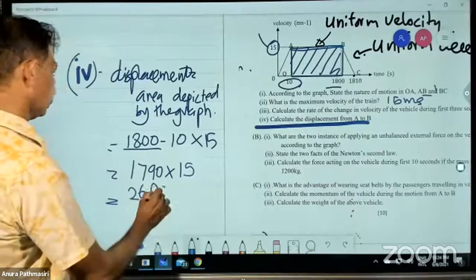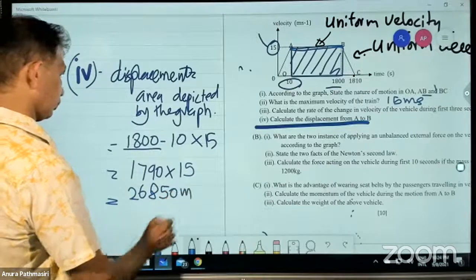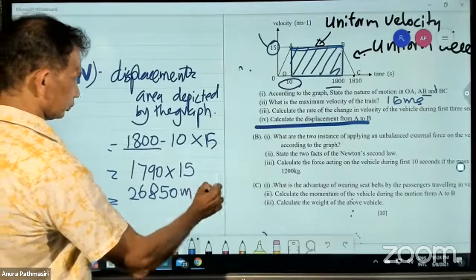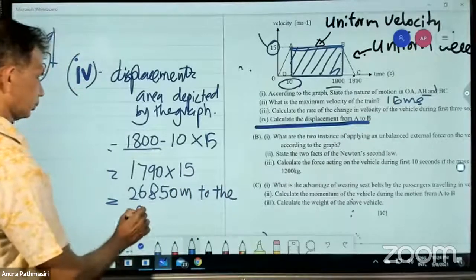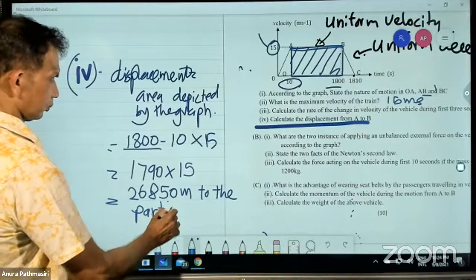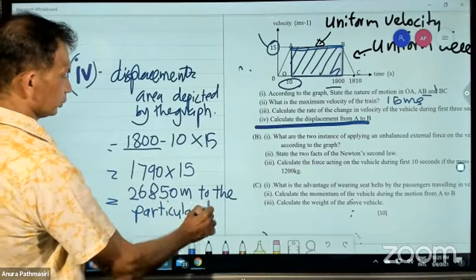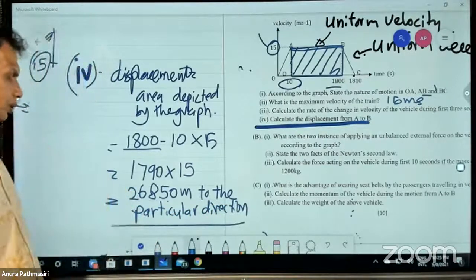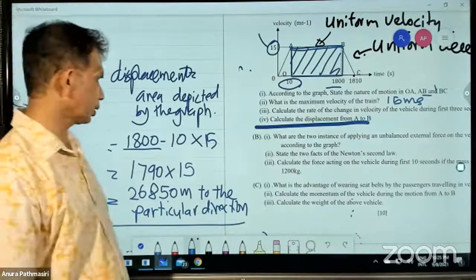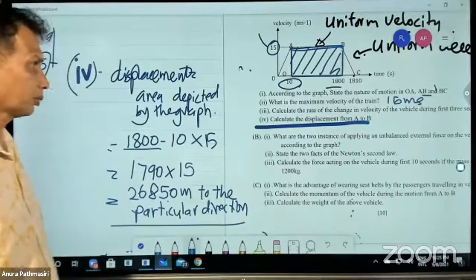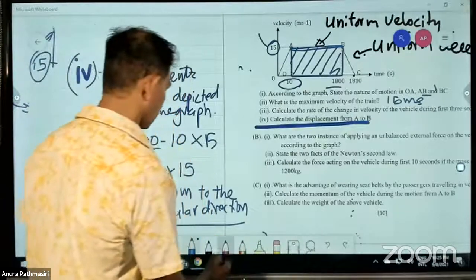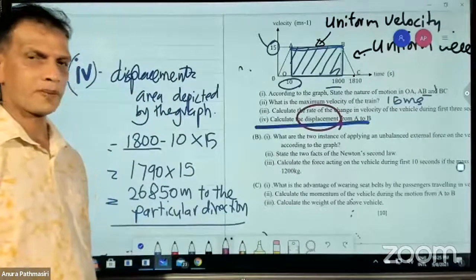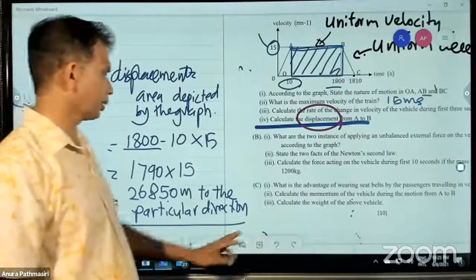Am I correct? Yes, sir. 26,850 meters in the particular direction, because it asks about the displacement, not the distance. So the direction is also mentioned.